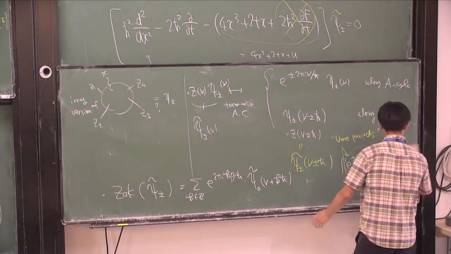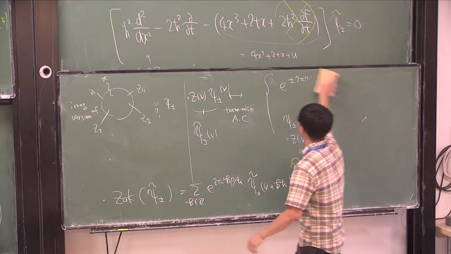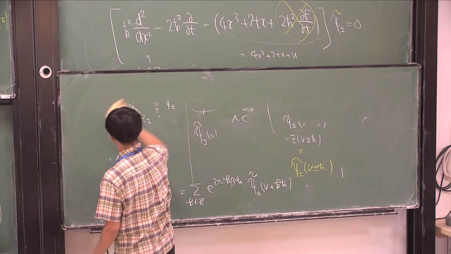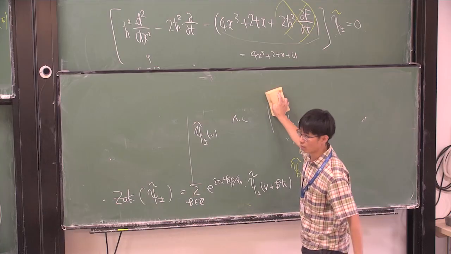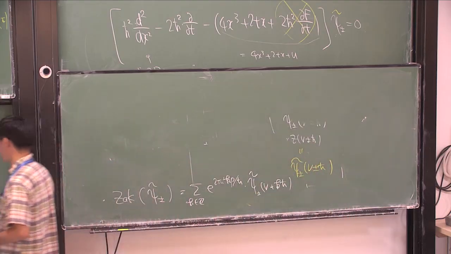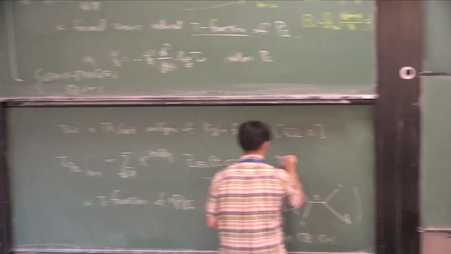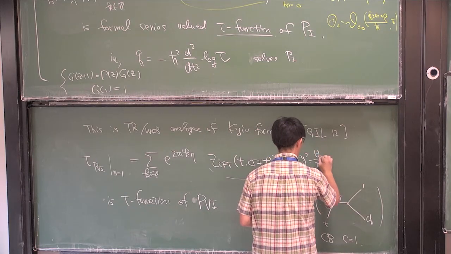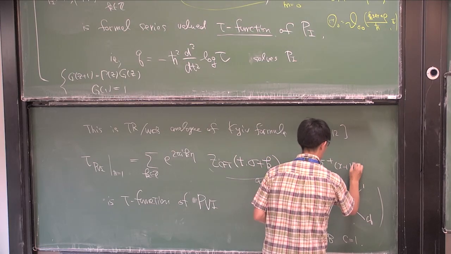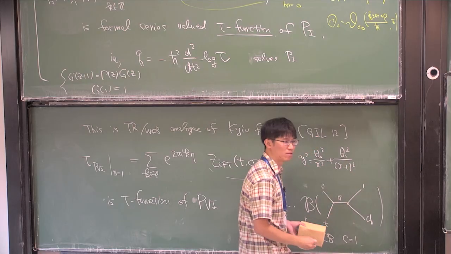Let me show one diagram. What was the spectral curve in this example? Maybe you remember in the hypergeometric case it was this kind of one.